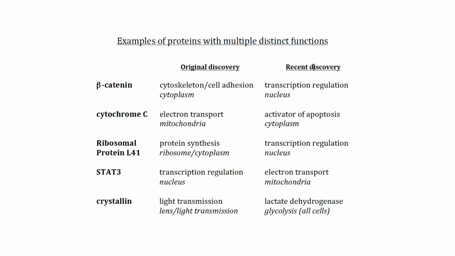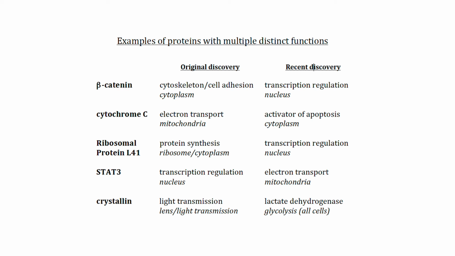So here are examples of proteins with multiple distinct functions. So beta-catenin, of course, we know. We've talked about a cytoskeletal protein, cell adhesion. It's in the cytoplasm, and recently found that it can regulate transcription in the nucleus. Here's some other examples. Cytochrome C. Cytochrome C is part and parcel of electron transport in the mitochondria. That's what it does, and that's what it's always done, and nobody was interested in really studying it anymore.